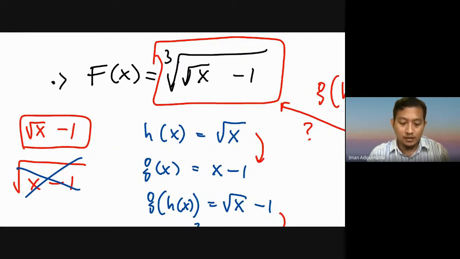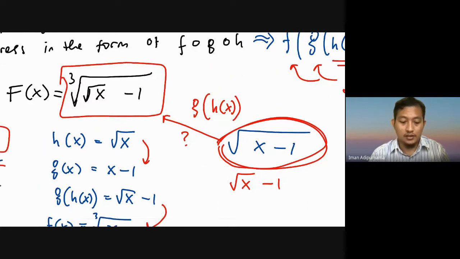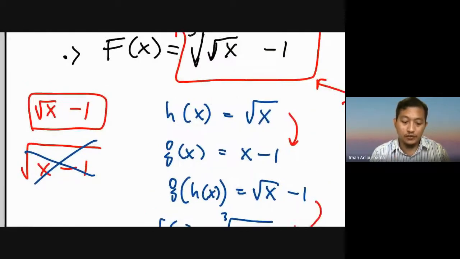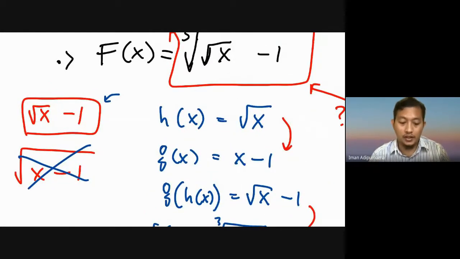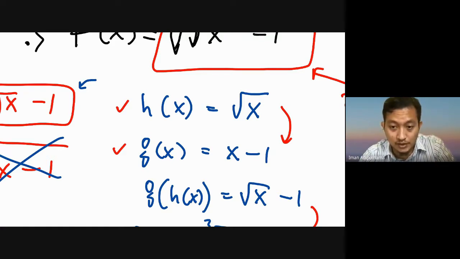Unless the question is asking for this, that will be a different story. So that's why we start from here and we need to find a way to make this happen. How to make the square root of x minus 1. And then we can have h and g as square root of x and then x minus 1. Do you get my point?